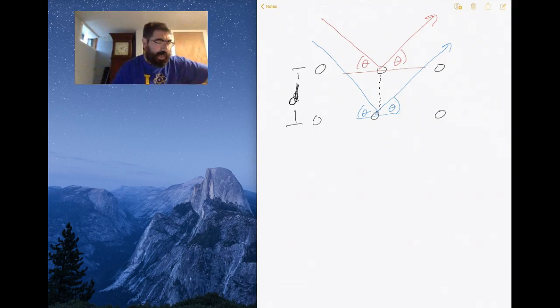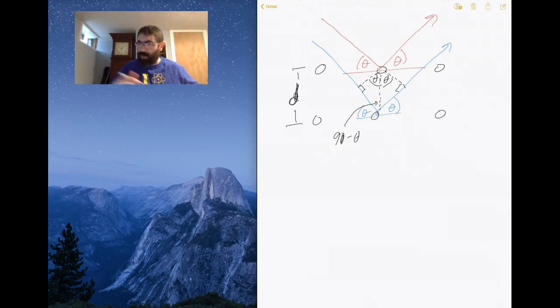And now if I look at this, I could draw another line that's perpendicular to the blue lines, so that's a 90-degree angle right there. So if that's a right triangle, then this angle here is 90 degrees minus theta, which makes this angle here theta, as well as that angle right there theta.